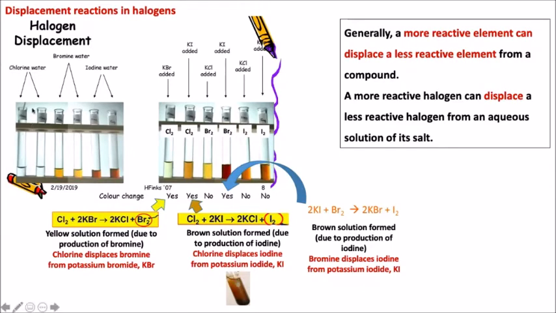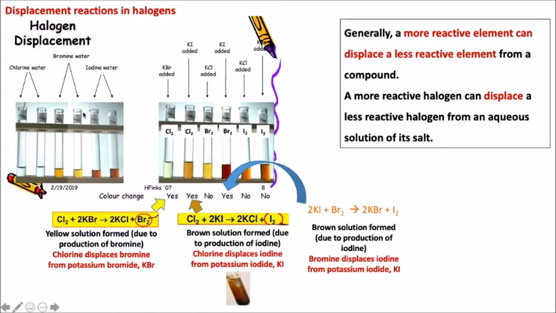The 6 test tubes on the left-hand side contain the halogens when nothing has been added to them. So the first 2 test tubes contain chlorine. The next 2 test tubes contain bromine. And the last 2 test tubes contain iodine, or chlorine water, bromine water, and iodine water.